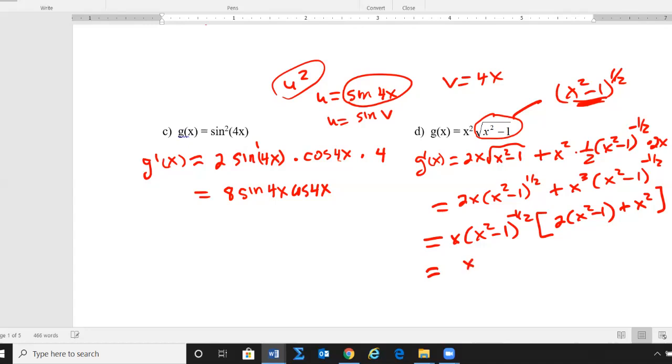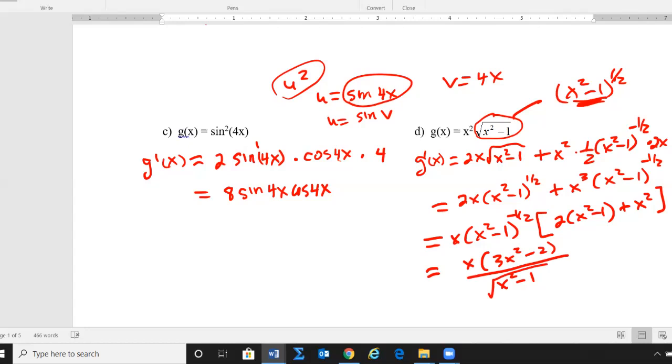I have x. Inside here, 2x squared plus x squared is 3x squared. And I have a minus 2. Underneath, I have x squared minus 1, and that is a square root. So there's my final derivative.